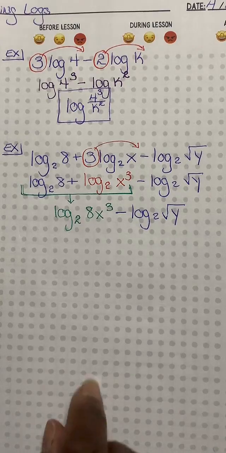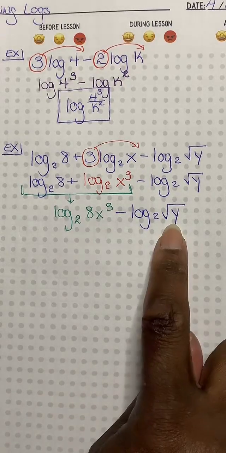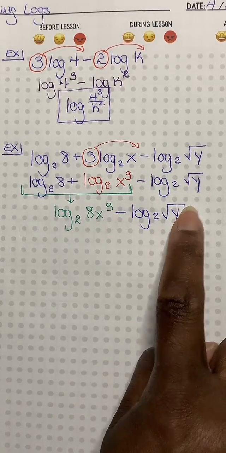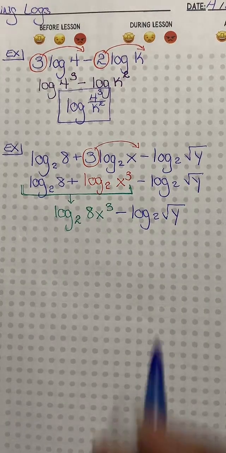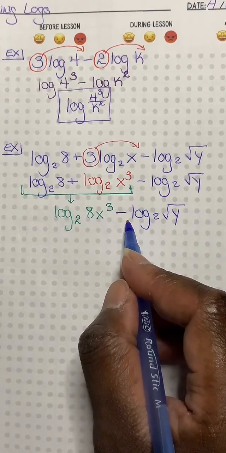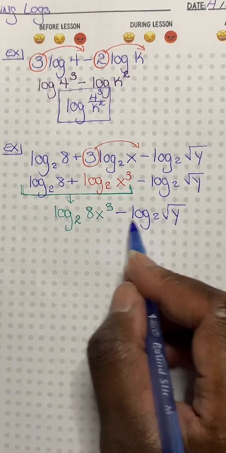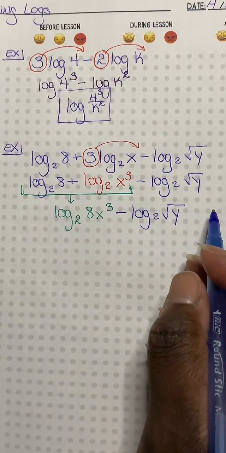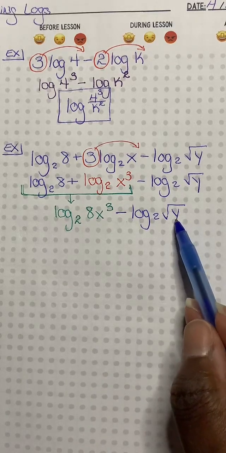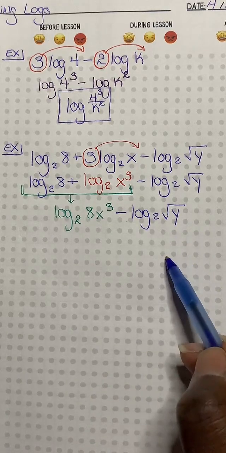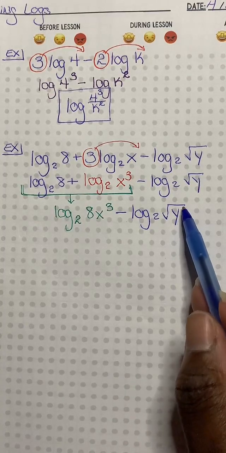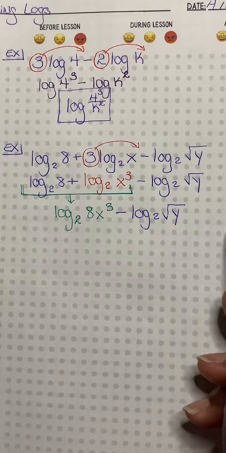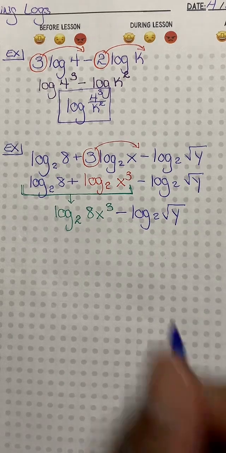So now, you can, if you want to change that to a y, you can. But remember, it's not going to go in front of your log because you're not expanding, you're condensing. If you don't want to leave a radical in your denominator, you can change that to a fraction as an exponent, if that's what you feel like doing.